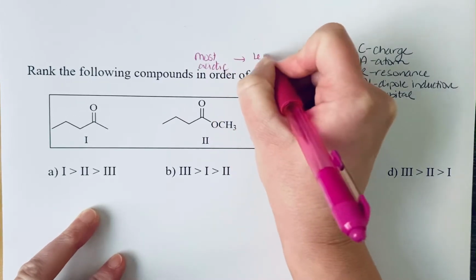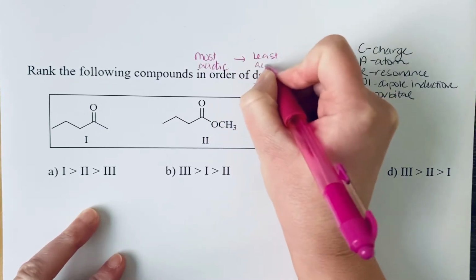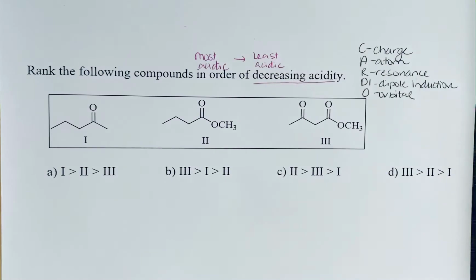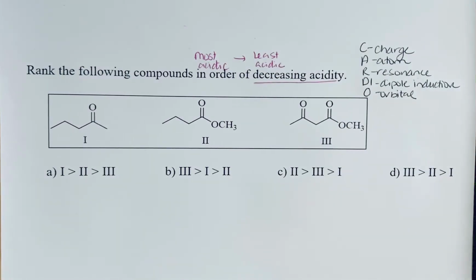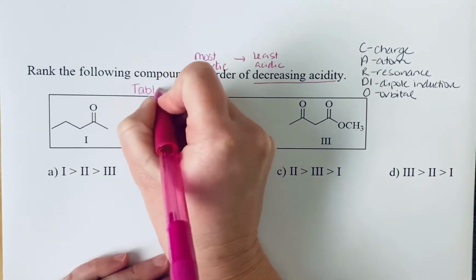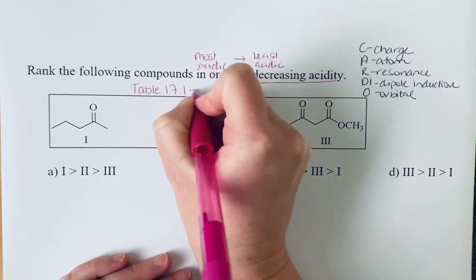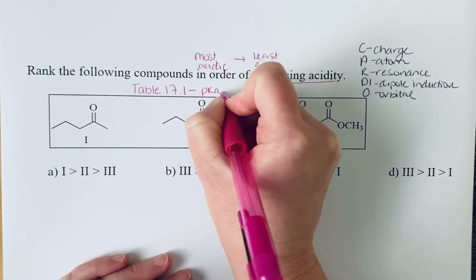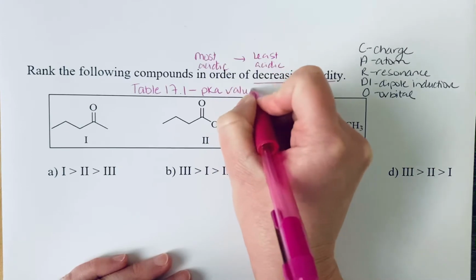to the least acidic. We can evaluate this trend based on the structure, and we can also find the pKa values for these particular carbon acids in table 17.1. That is where you will find these pKa values.